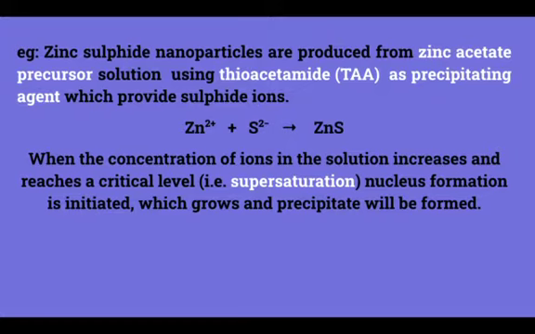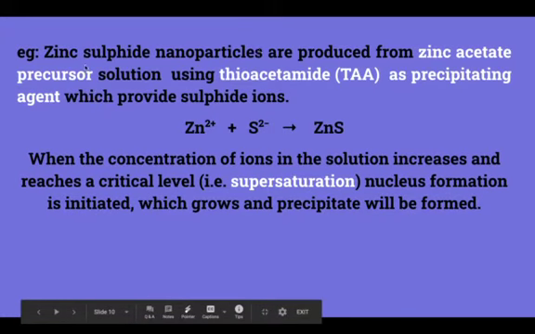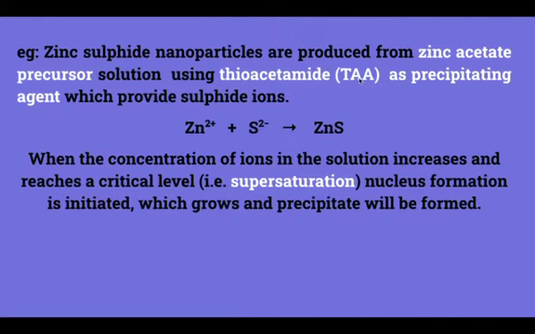Now zinc sulphide nanoparticles are produced from zinc acetate precursor using thioacetamide. Thioacetamide is used as a precipitating agent which will provide sulphide ions. Zinc ions will come from zinc acetate. So zinc ions combine with the sulphide ions provided by the precipitating agent to form zinc sulphide precipitate.